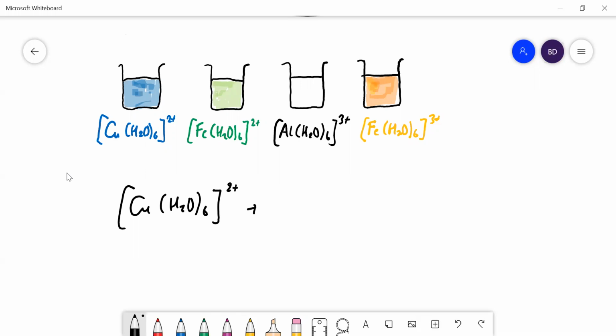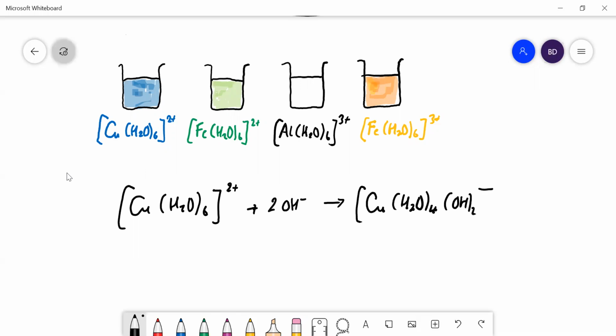I've got 2 OH minus, and if you remove a proton from water, it turns it into an OH minus, so that's going to give you [Cu(H2O)4(OH)2].